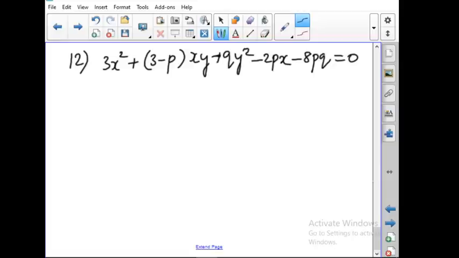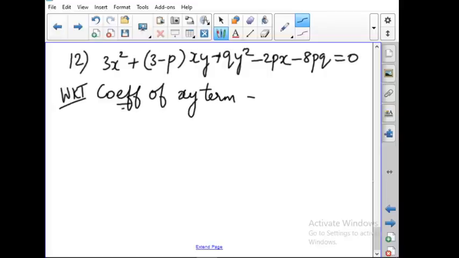Already we know that in the general equation of the circle, the coefficient of xy is 0. We know that the coefficient of the xy term is 0. So what is the coefficient of the xy term? 3 minus p. So 3 minus p equal to 0. That implies p is equal to 3.